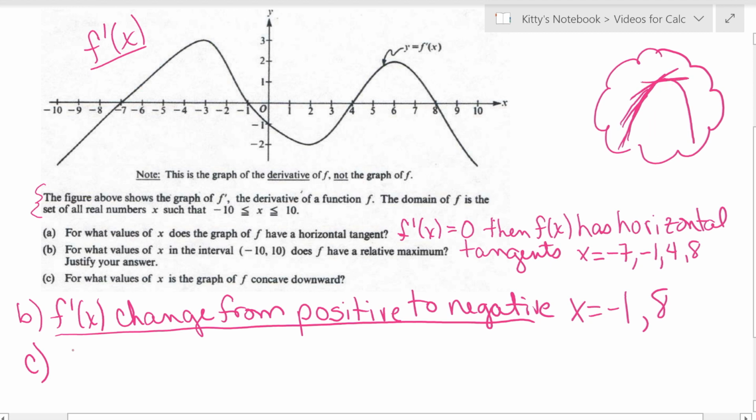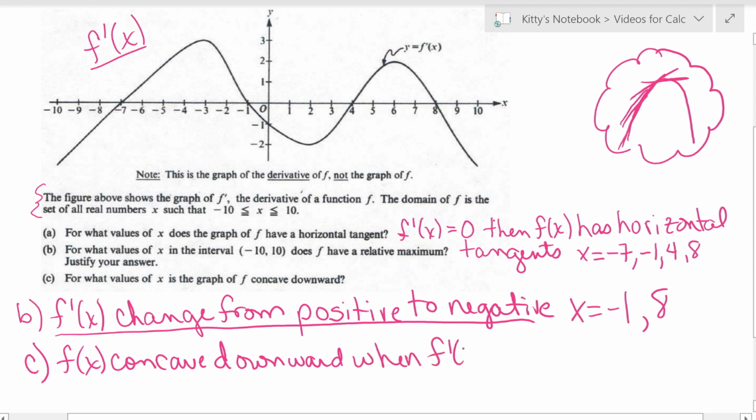So if I want to know where f is concave downward, that is when f prime is decreasing. So when the slopes are decreasing, that makes the graph curve to be concave down.